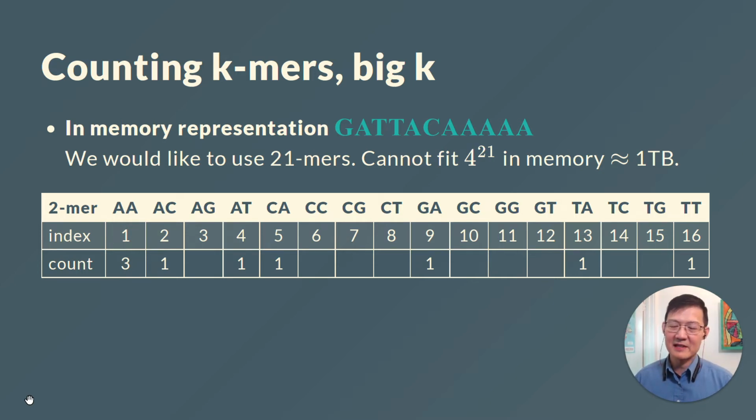As I said earlier, in a lot of applications we want to use quite long subsequences, say k is 21, and the number of possible substrings is 4 to the 21, which is roughly a terabyte large, and this is not something we can do yet.